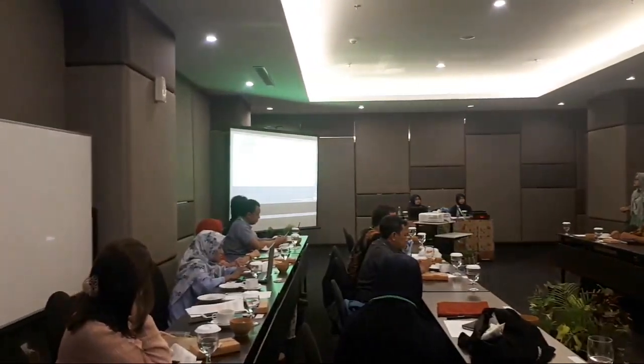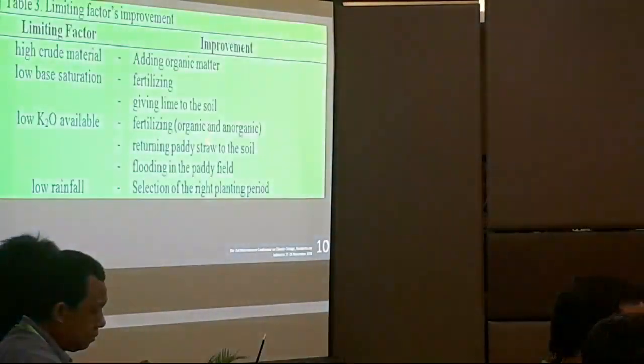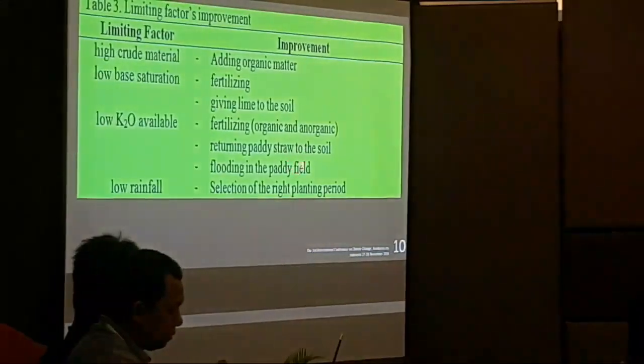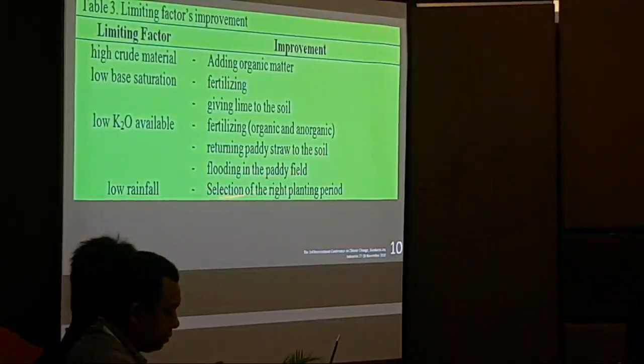First, high crude material can be improved by adding organic matter, then low base saturation by fertilizing using lime on the soil, and low available potassium by fertilizing organic and inorganic, returning straw to the soil, and flooding the field. And the last, low rainfall by selection of the right planting period.